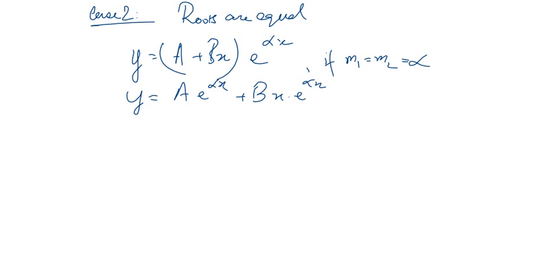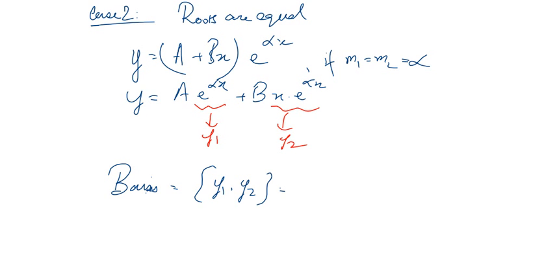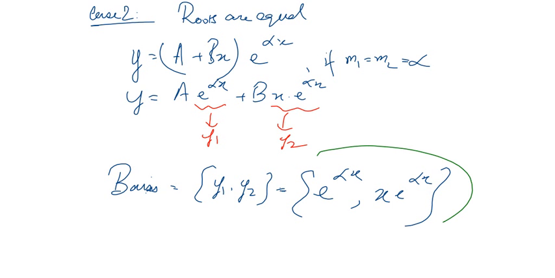It is very easy to understand that this is your y1, and x e to the alpha x becomes your y2. So what is the basis then? Basis is y1, y2, which gives you e to the alpha x, x e to the alpha x as the basis for this case, that is roots are equal.